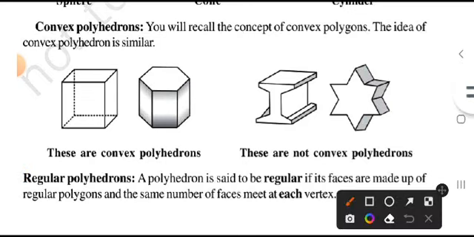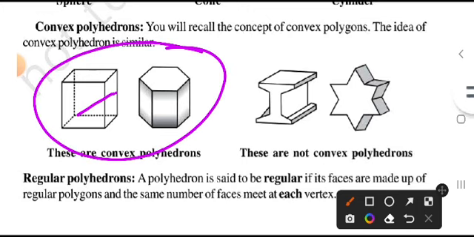In the case of a cube, you can take any 2 points inside the cube and join them. Surely the line segment will lie inside the cube. That's why this kind of solid object is a convex polyhedron.